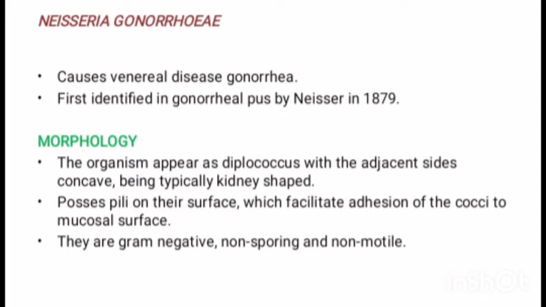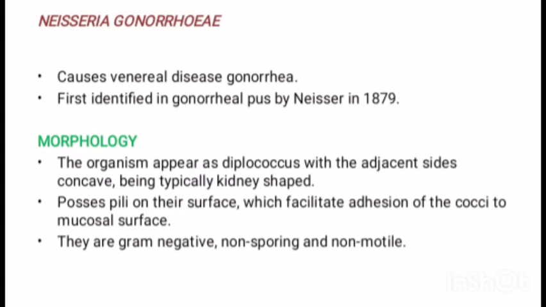This Neisseria gonorrhoeae are gram-negative and appear as diplococci with adjacent sides concave, being typically kidney-shaped. Here you can see a gram-stained picture of Neisseria gonorrhoeae. Then this Neisseria gonorrhoeae are non-sporing and non-motile, and these organisms possess pili on their surface.